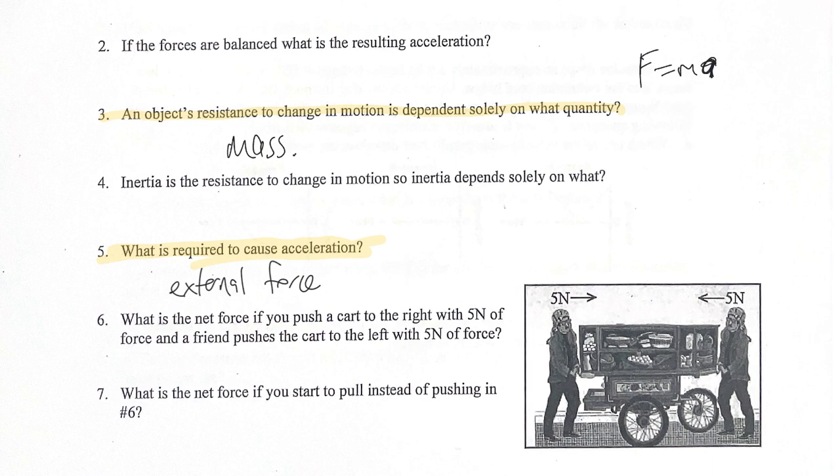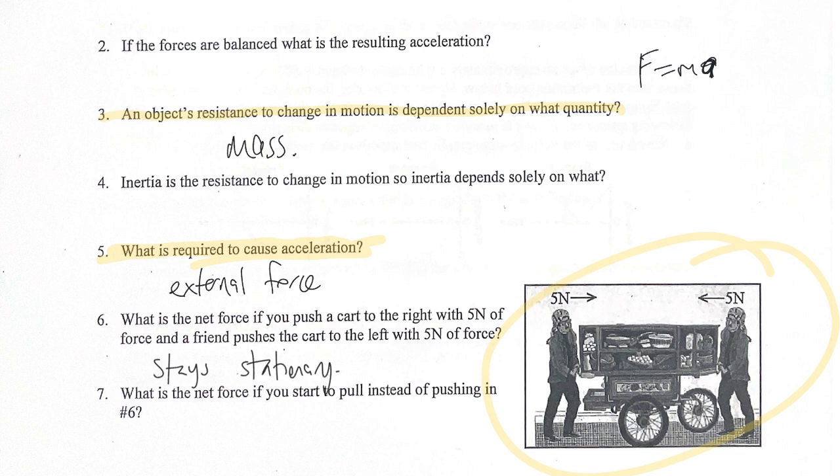Okay, so let's have a look at this cart. One person pushes 5 newtons one way, one person pushes 5 newtons the other way. What is this cart going to do? Stay stationary. You're assuming it started stationary, so therefore it is staying stationary. Okay, so stays stationary.